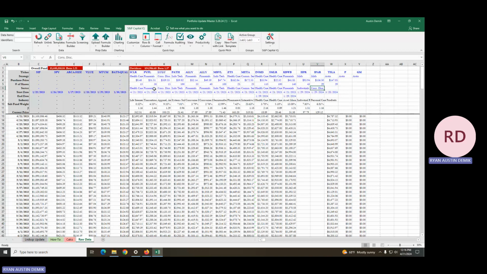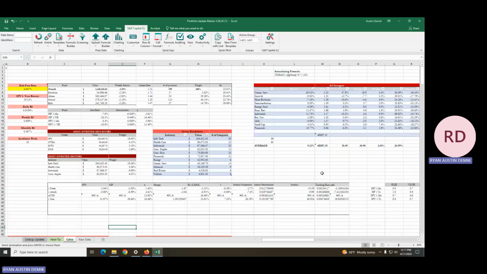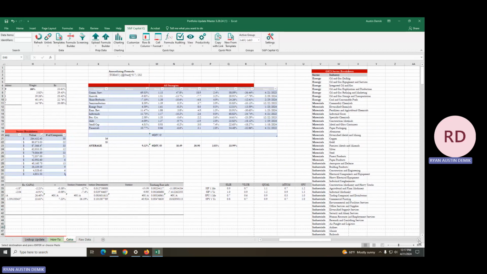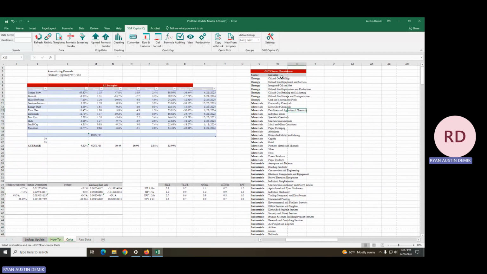One thing to note is you have to keep all of these exact as they are, just for the data to be able to pull correctly. Everything's using HLOOKUPs, VLOOKUPs. If you vary from the spelling or even have a space where there isn't a space in the original data set, you're going to throw it off. That is part of the reason why we have this sitting over here.